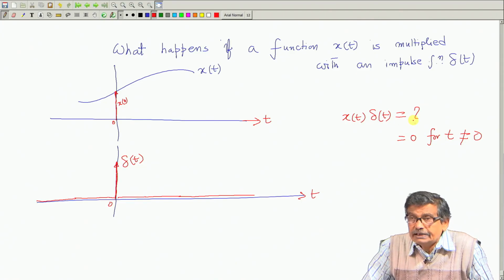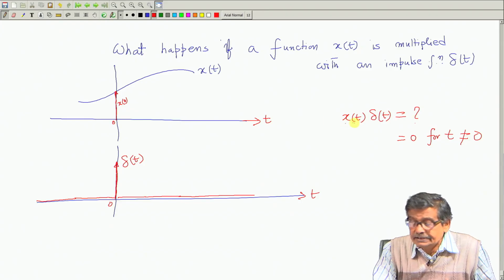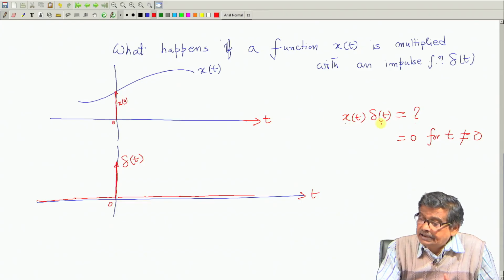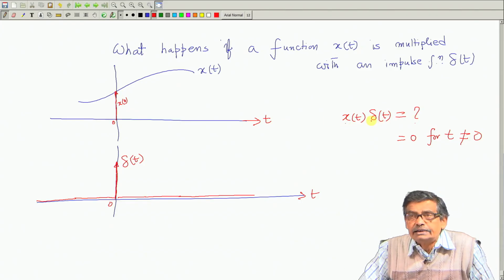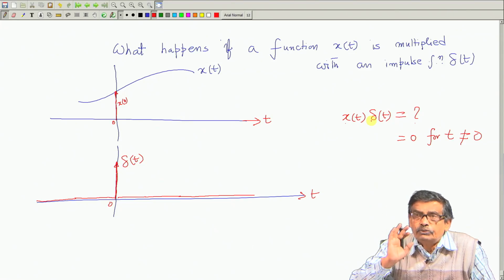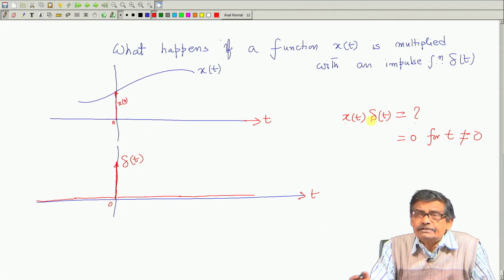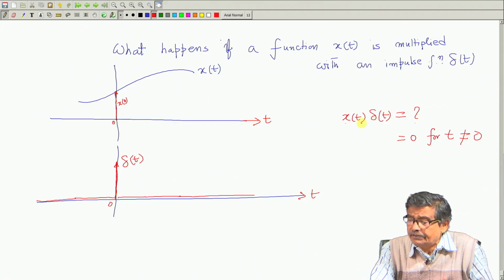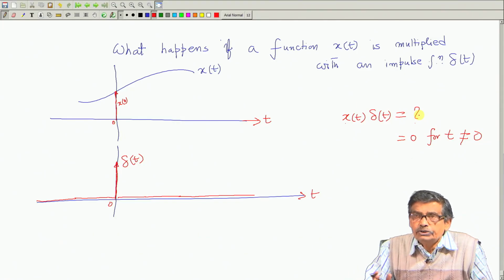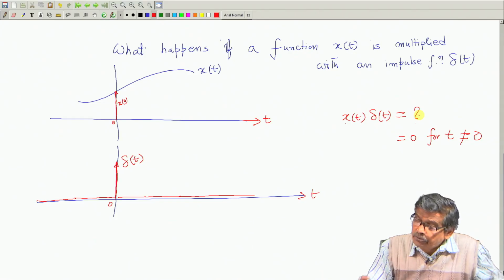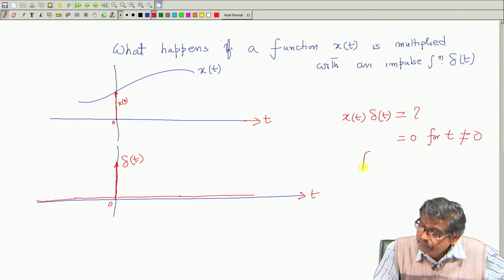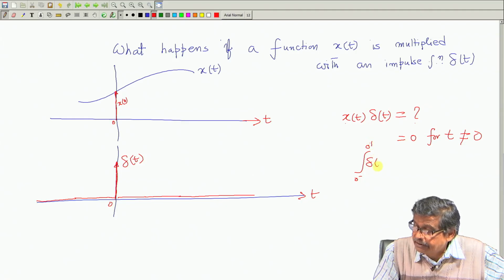Well, that cannot be said, because x(t) has a finite value, but delta(t), as I told you, at t equal to 0 blows up towards infinity. We do not know. But what we know is this one: about delta(t), I am certain that the integral of delta(t) dt is equal to 1.